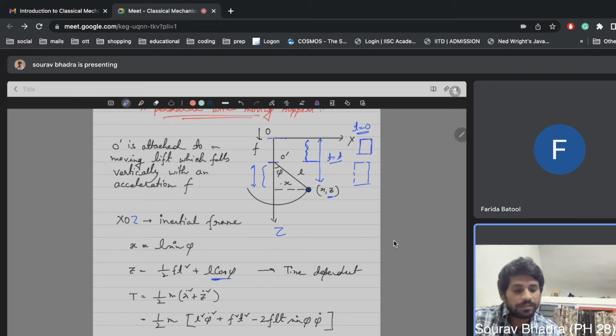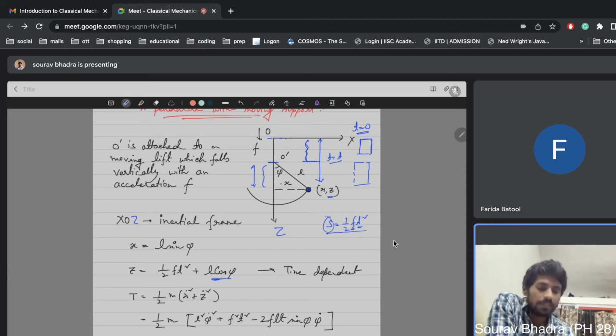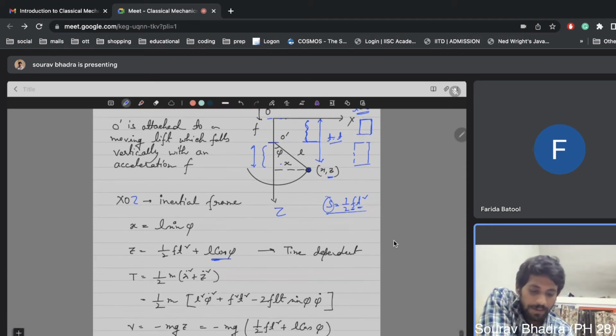That distance, as you all know, is s equals half f t square, where s is the distance, f is the acceleration, t is the time. It is very basic kinematics. That part we have added to the position of z, so it is half f t square plus L cos phi.